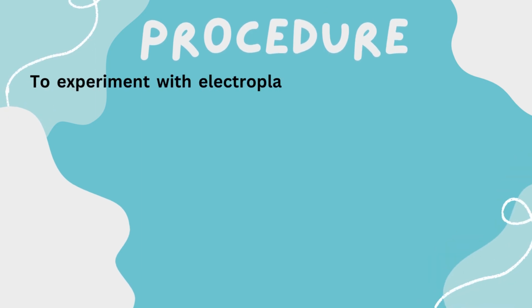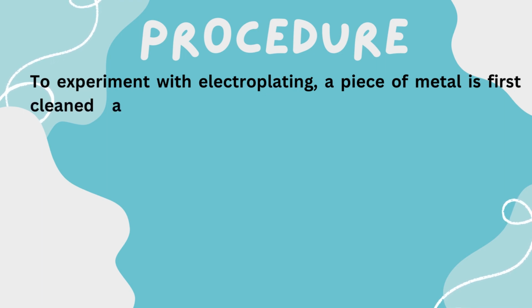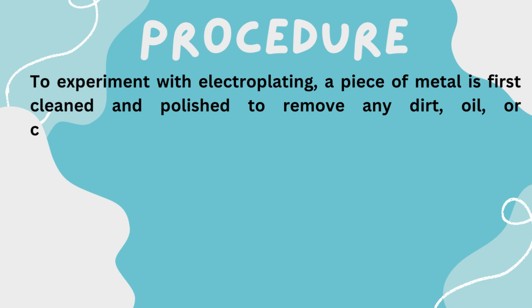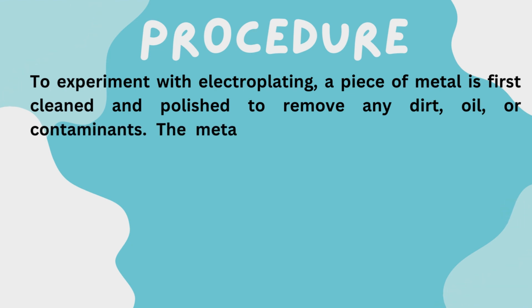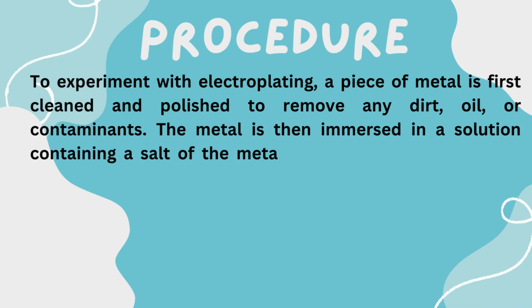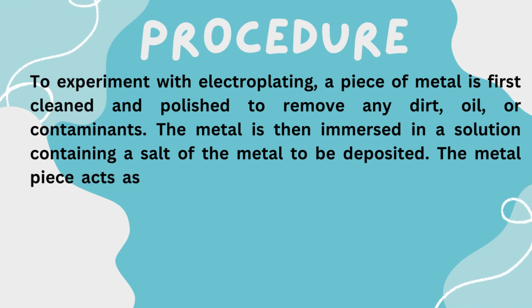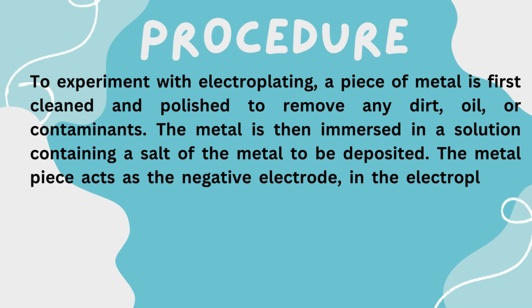So first, the experiments with electroplating. First of all, we take a piece of metal, and then we clean it and polish it to remove any dirt or oil. And then we take the metal and put it into a solution. The solution contains a salt of a metal, and the metal piece acts as the negative electrode in the electroplating process.